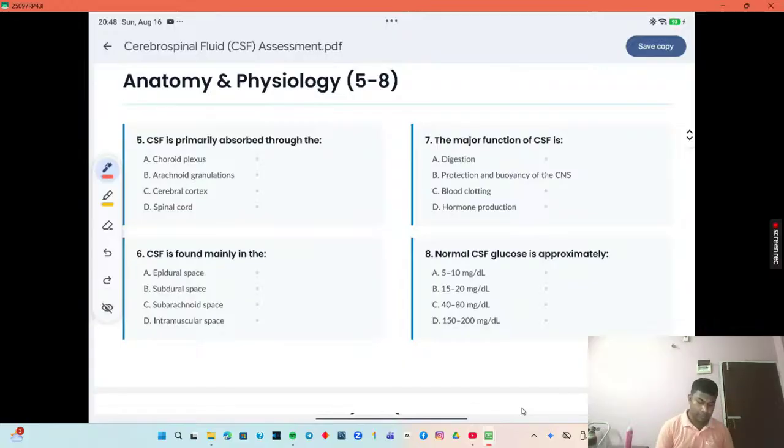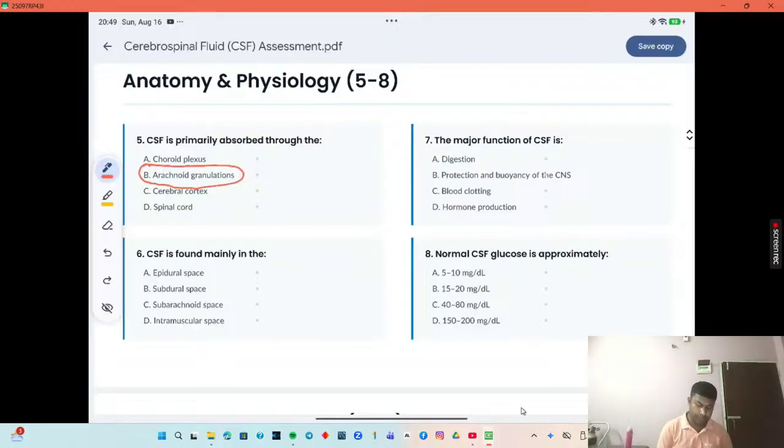The right answer will be arachnoid granulations. Arachnoid granulations help in absorption of CSF in our body. So the next question is, CSF is found mainly in the, so where is CSF found in our body?